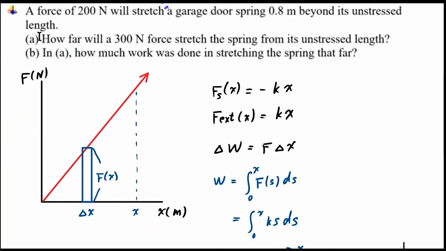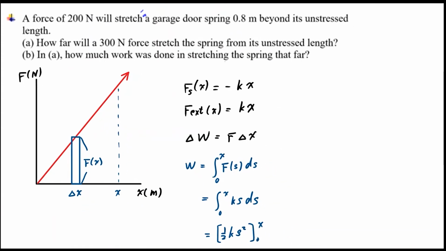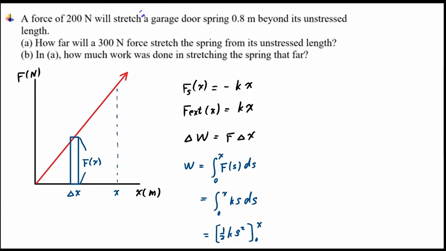So this first piece of information, 200 Newton will stretch the garage door spring 0.8 meters. This is there to figure out the spring constant K. Okay, so I'm going to do this problem now. So F is equal to Kx, and let's not get so hung up on this negative sign.